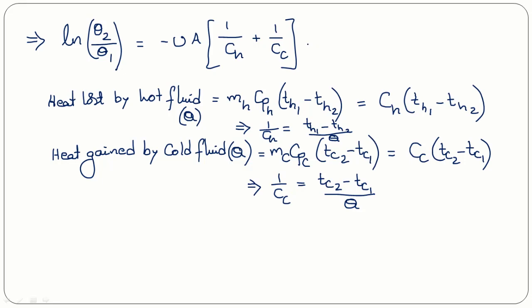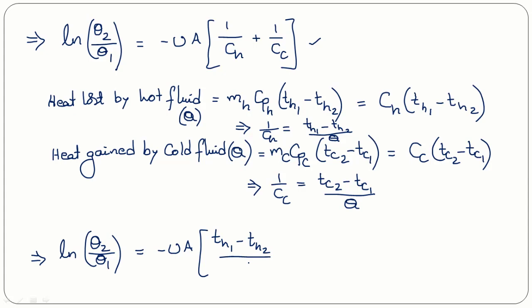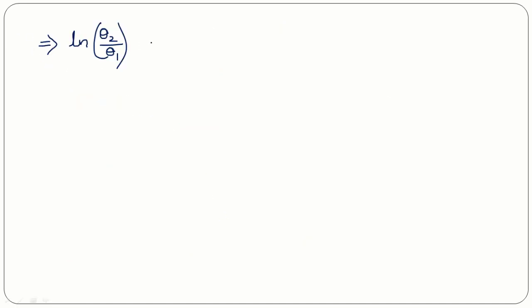Substituting these two in this particular equation, we get ln theta 2 by theta 1 is equal to minus UA into Th1 minus Th2 by Q plus Tc2 minus Tc1 by Q. I can take Q common outside, so therefore this can be written as ln theta 2 by theta 1 is equal to minus UA by Q into Th1 minus Th2 plus Tc2 minus Tc1.